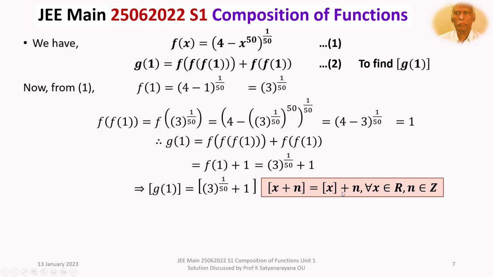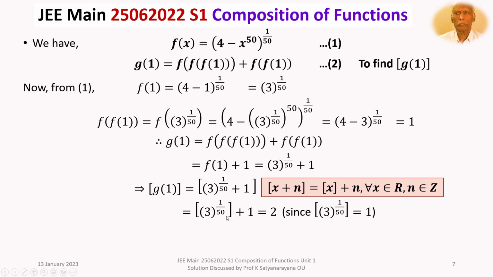So, applying this, we get the bracket of 3 to the power of 1 by 50 plus 1. Now, the bracket of 3 to the power of 1 by 50 is equal to 1. How it is, I will explain later after this slide.